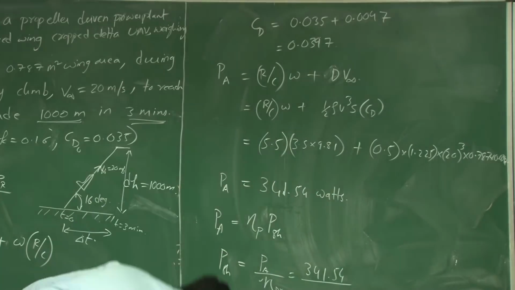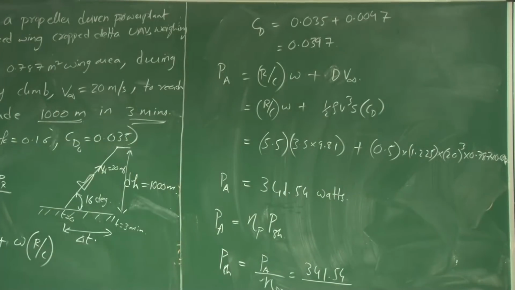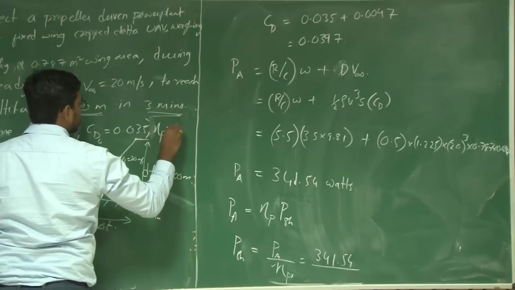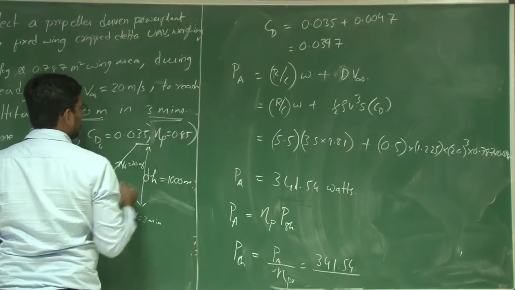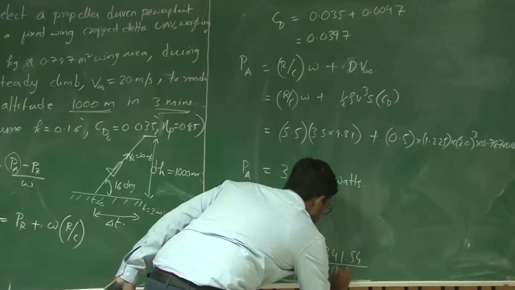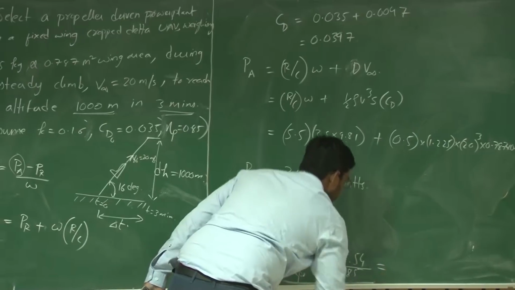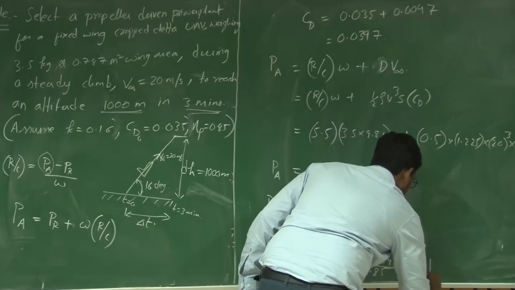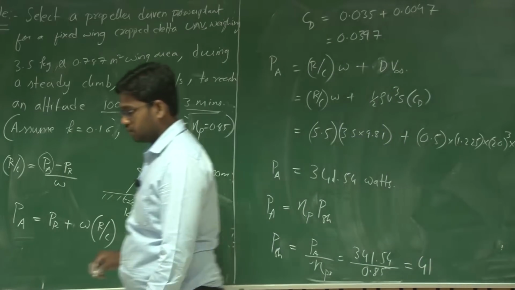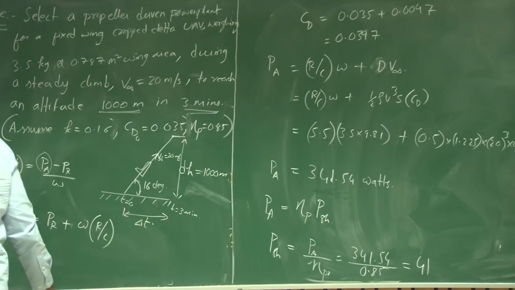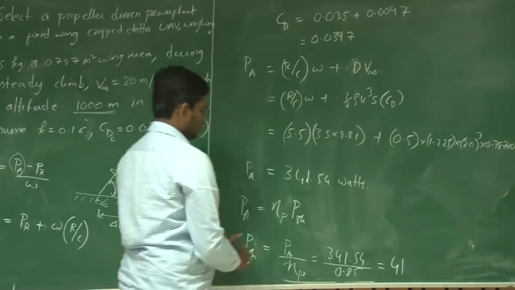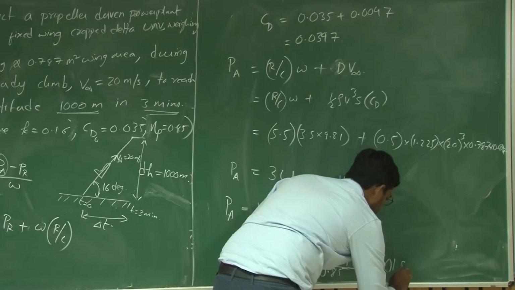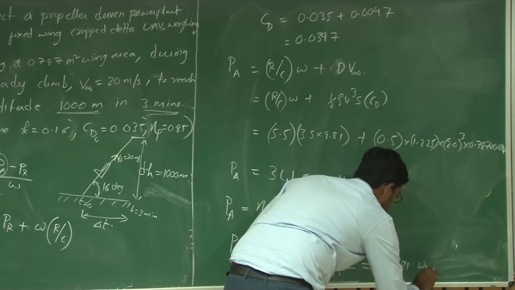So, assuming a propulsive efficiency of 0.85, consider eta P as 0.85, what you get for this shaft power is 401.81 watts.